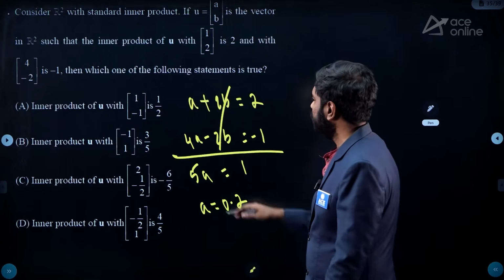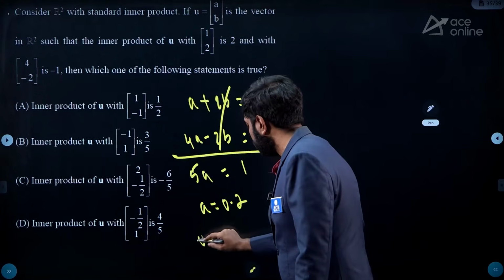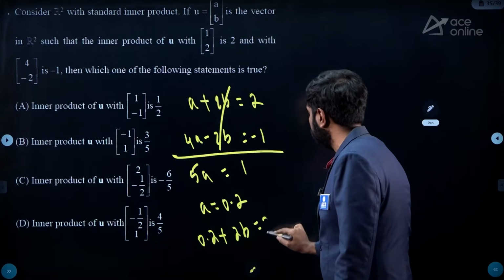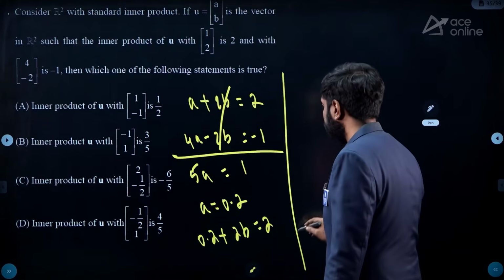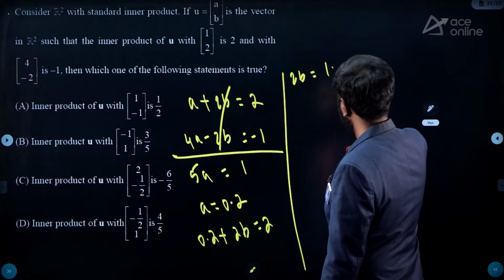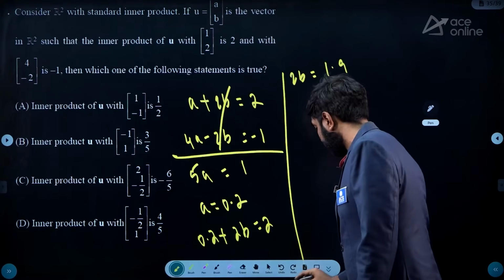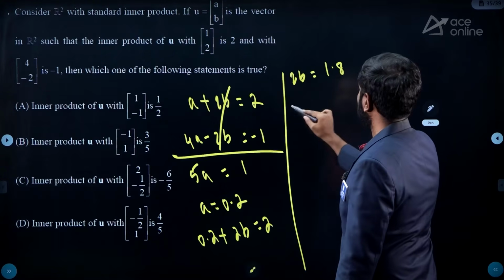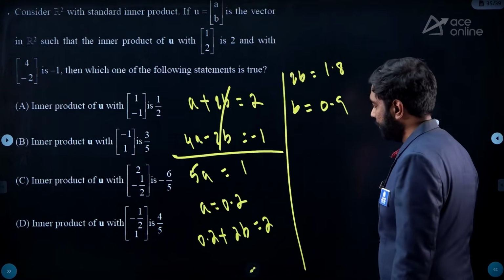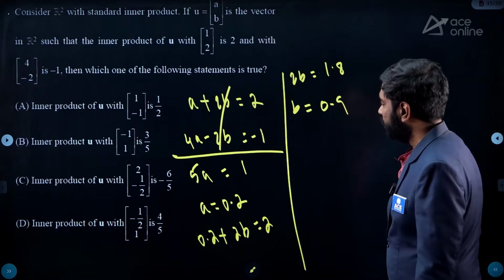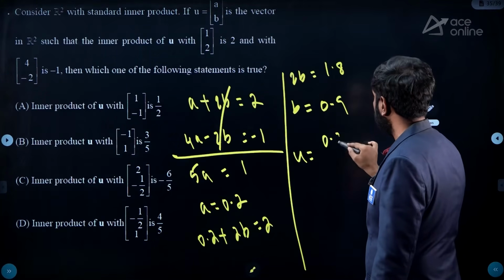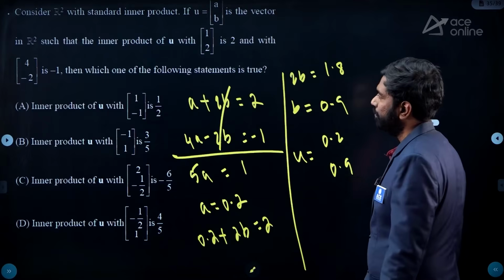So you have A value, substitute here to get B value: 0.2 plus 2B equal to 2. So 2B is 1.8, and the value of B is 0.9. So A is 0.2 and B is 0.9. Now I have the vector U, which is (0.2, 0.9).